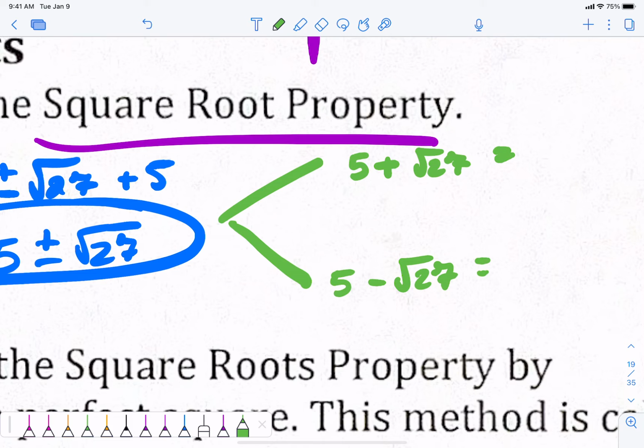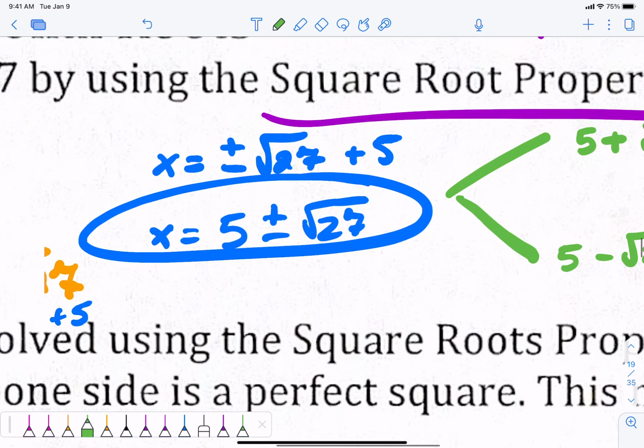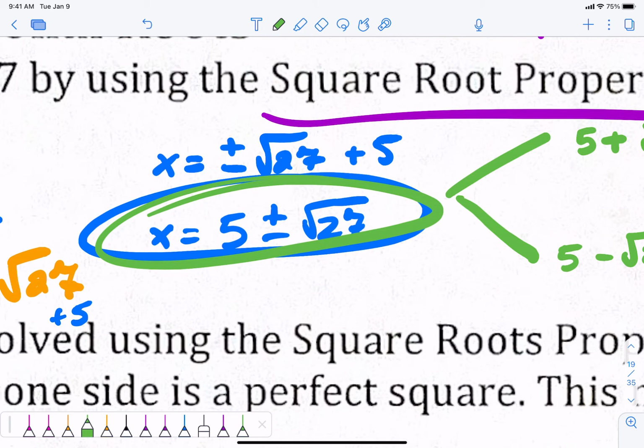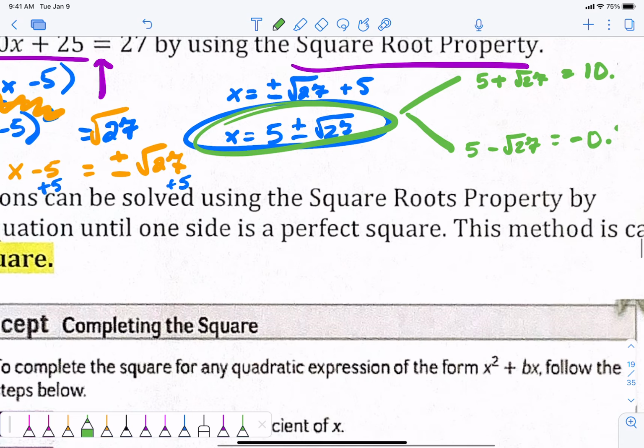If you plug those into your calculator, you get something like 10.2, and 5 minus the square root of 27 is negative 0.2. So we still have two places where it's crossing, it's just at decimal numbers, right? Does that make sense? So you're going to leave your answer as 5 plus and minus the square root of 27, but it's two decimals.